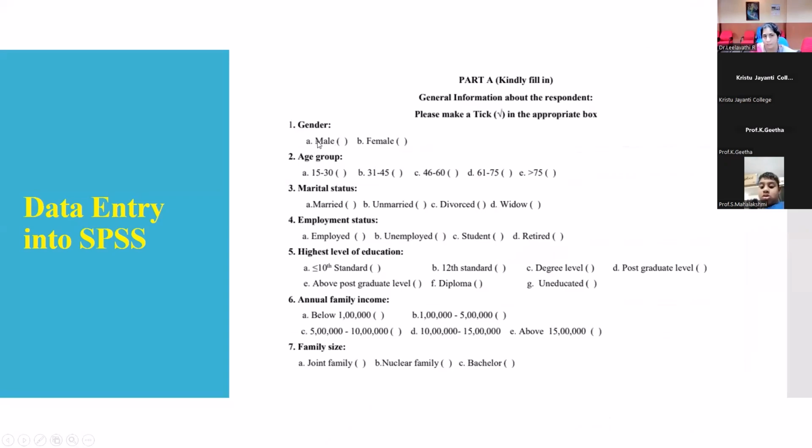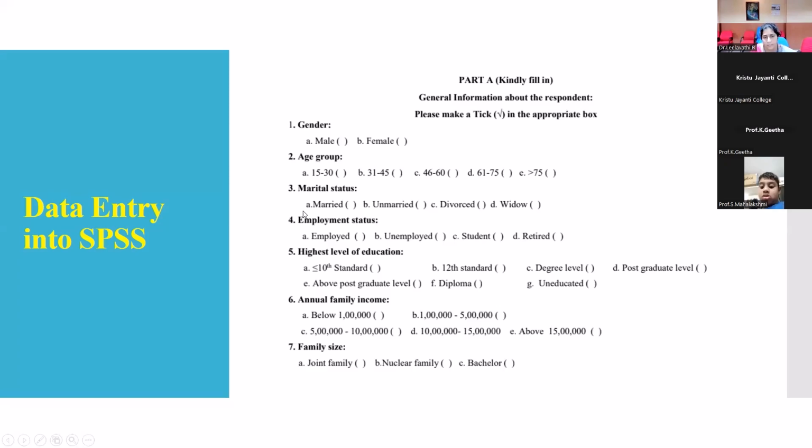Gender, for example: for male I'm defining 1, and female 2. Age 15 to 30 I'm assigning 1, 31 to 45 I'm assigning 2, 46 to 60 I'm assigning 3, 61 to 75 I'm assigning 4, and so on. Marital status is the same way, 1, 2, 3, 4, and employment status also 1, 2, 3, 4, 5.